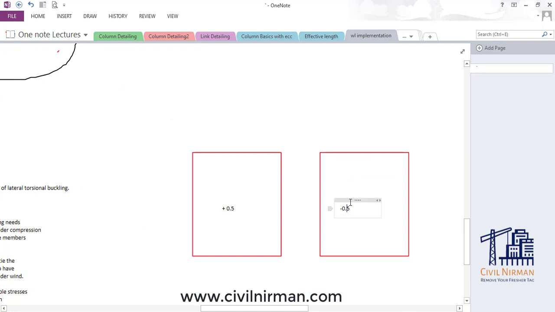Now when you work out your wind pressure for the 0 degree as well as for the 90 degree, you have to work out your Cp value, that is the internal pressure coefficient and the external pressure coefficient.